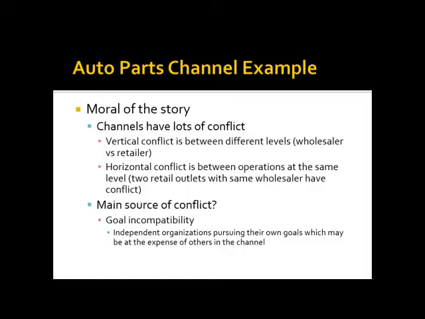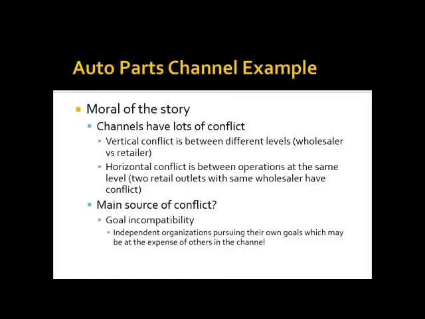The bottom line is goal incompatibility is usually the main source of conflict. Independent organizations or people often have to pursue their own goals. These goals may be at the expense of other members in the channel, the team, the organization.